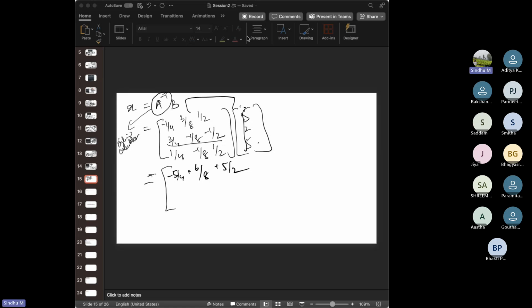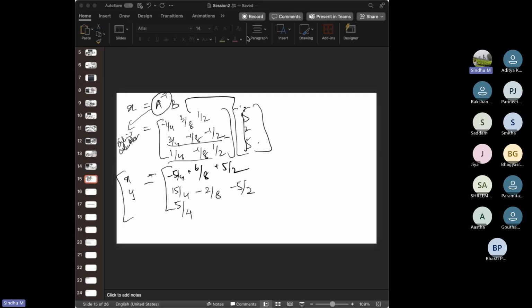And this value will be X, Y, Z. So X value will be minus 5 by 4 plus 3 by 4 will be 0.75. 5 by 2 will be 2.5.